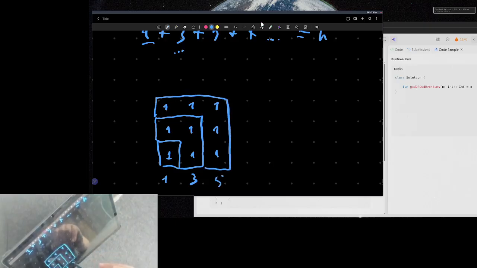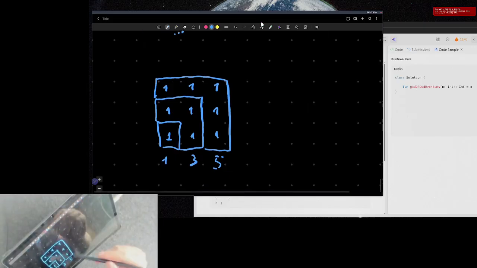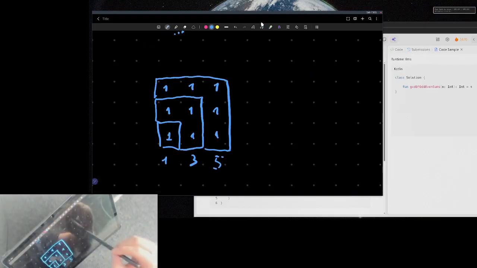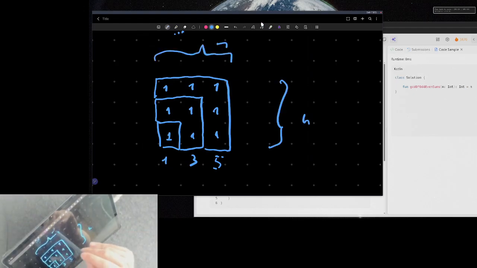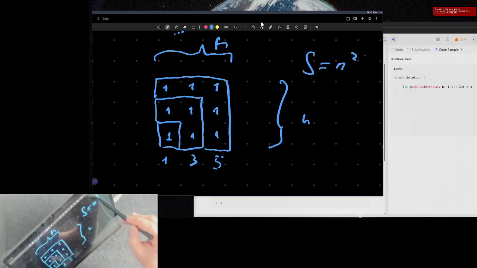Next, you grow this square, and the sum of these numbers would actually equal this square. So this is a square because it has a height of n and a width of n, so the area equals n squared.